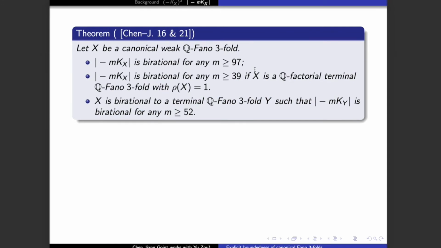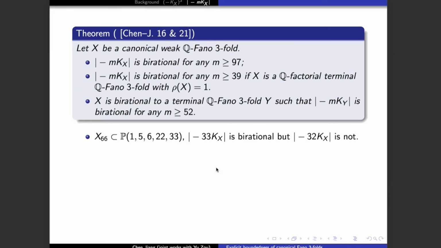Oh, so before that, let me tell you what is the conjectural number. In all known examples, it already appears when we know the smallest degree. This example has the smallest degree, and also it has the worst birationality. So among all known examples, for this example, minus 33K_X is birational, but minus 32 is not.